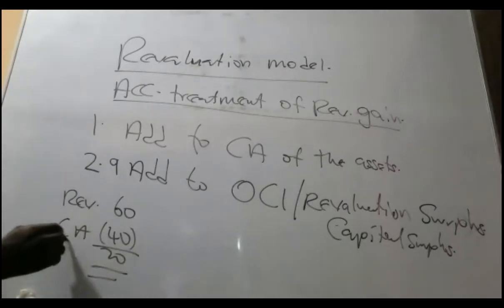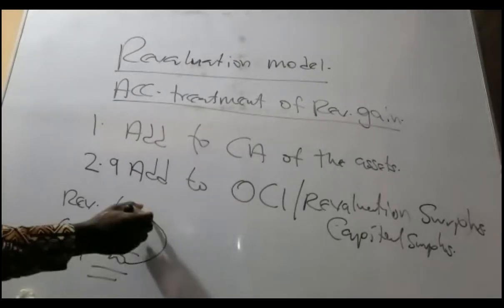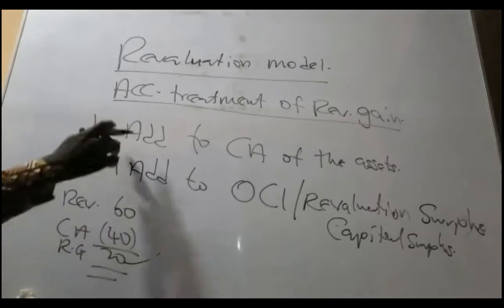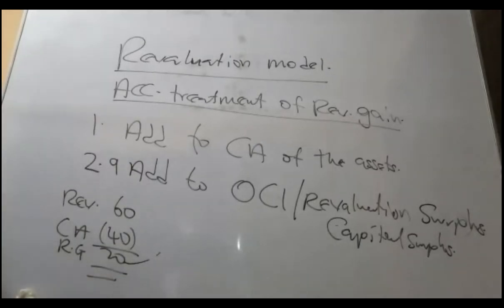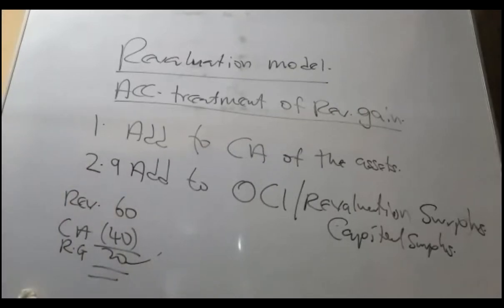How do you treat this revaluation gain of 20? Relax. Add this 20 back to the current amount. If you do that, it will return you to the revalued amount. So right after valuation, the asset value will be stated at the fair value.